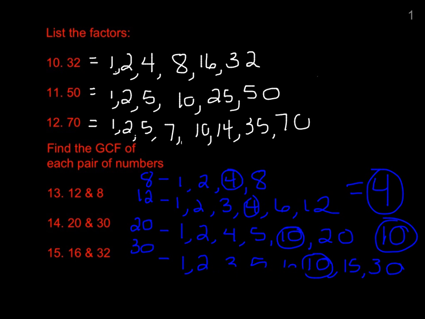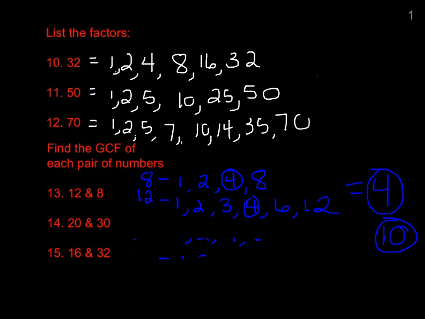Now looking at the last two, I'm going to erase all this so we can see. 16 and 32. So if we write out our lists, we'll see we have 1, 2, 4, 8, and 16. For 32 we go 1, 2, 3 isn't going to go into it, but 4 does. 5 doesn't, 6 doesn't, 7 doesn't, 8 does.